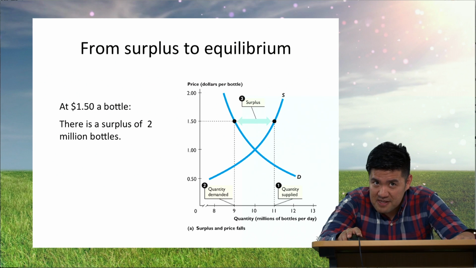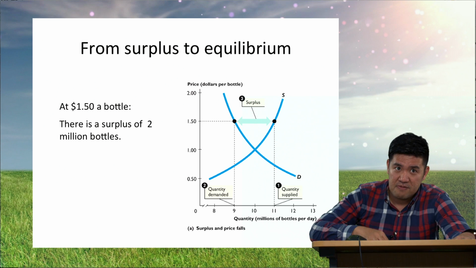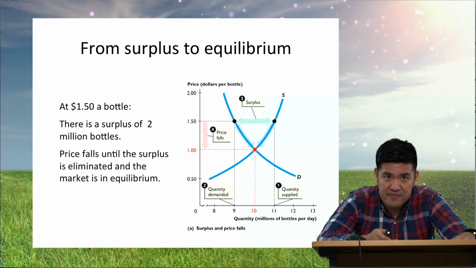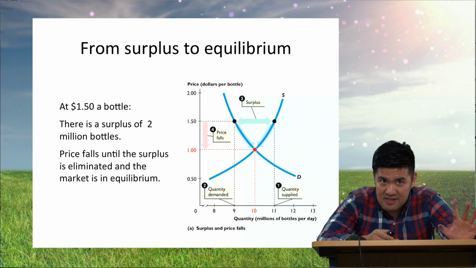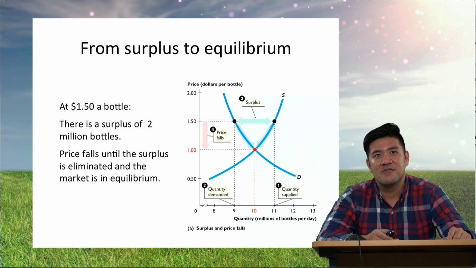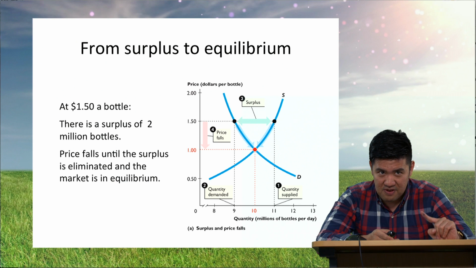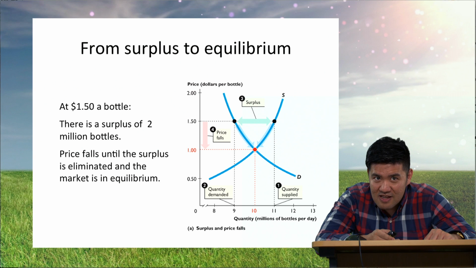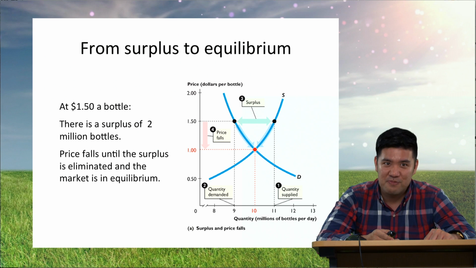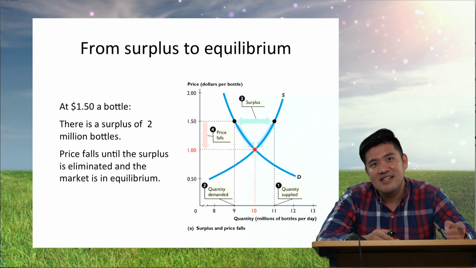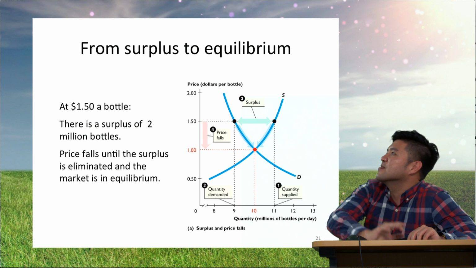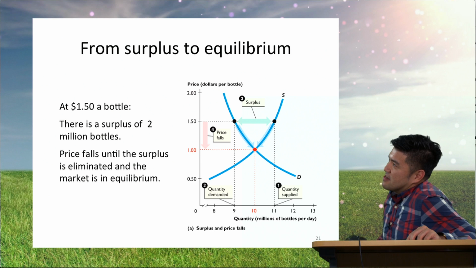So what's got to happen here? Okay, when there is a surplus, the market will adjust. Price has got to drop. Dropping to where? Dropping to the equilibrium price, $1. Then at $1, what is going to happen, guys?